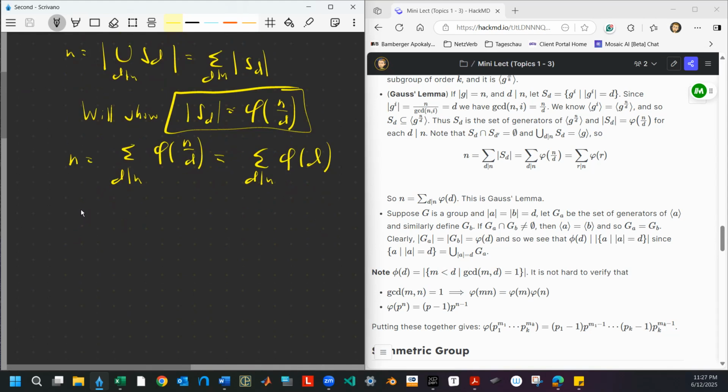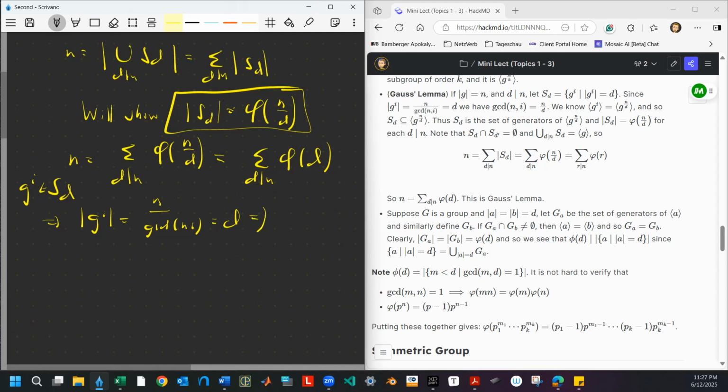What I have here is that the order of g^i is equal to n over the GCD of n and i. We saw that above. Now in this case, for g^i in S_d, that's what I'm interested in here, I know that this is equal to d.